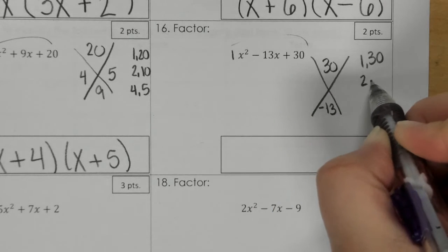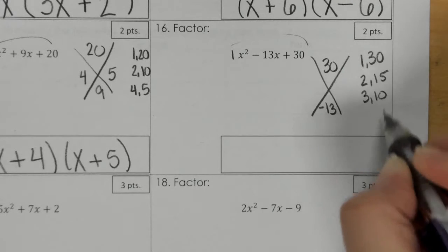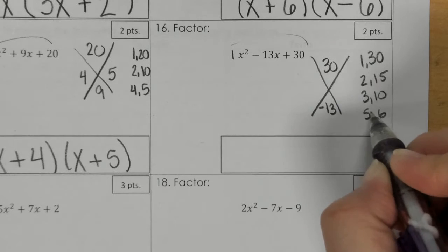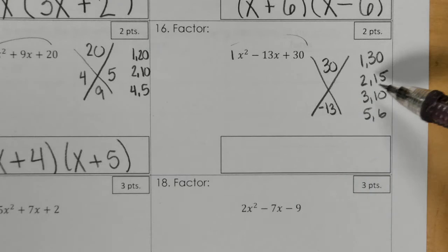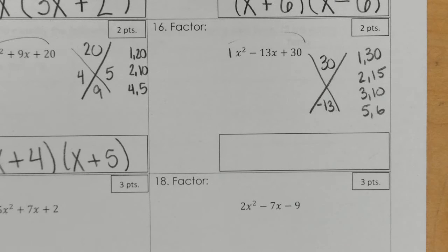So we have 1 and 30, 2 and 15, 3 and 10, 5 and 6. So I know that both of these can actually get to 13. But I have to decide which one is the best fit.